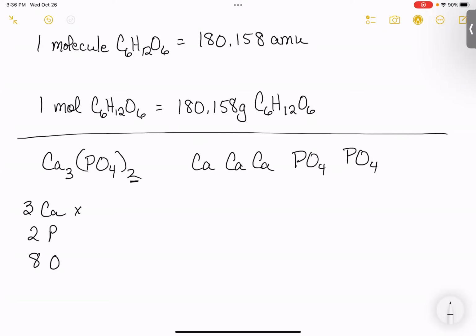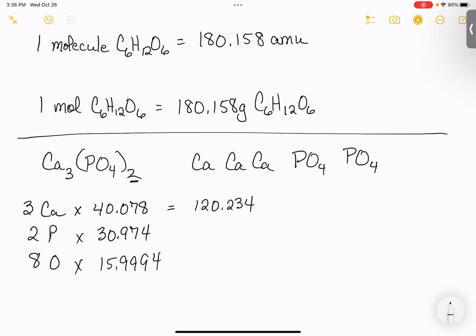Calcium has a mass of 40.078. Phosphorus has a mass of 30.974, and oxygen has a mass of 15.9994. So your calciums contribute 120.234 to the overall mass.